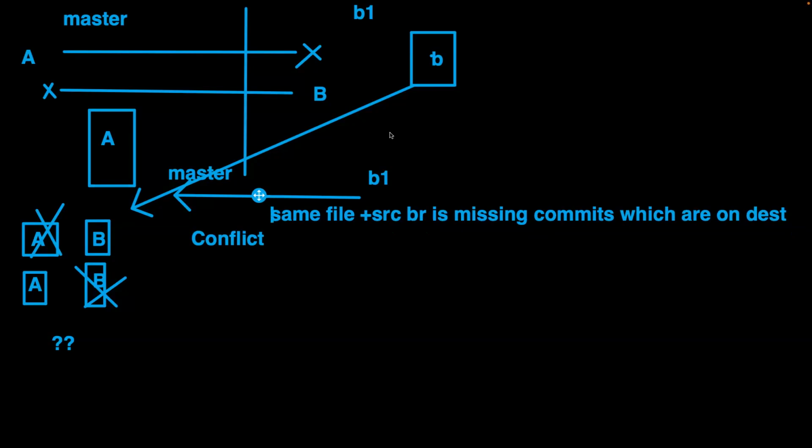First of all, what is the source branch here? I want people to talk. B1. B1 is the source. So what is the commit missing which is there on destination? Which commit ID is not present on source?